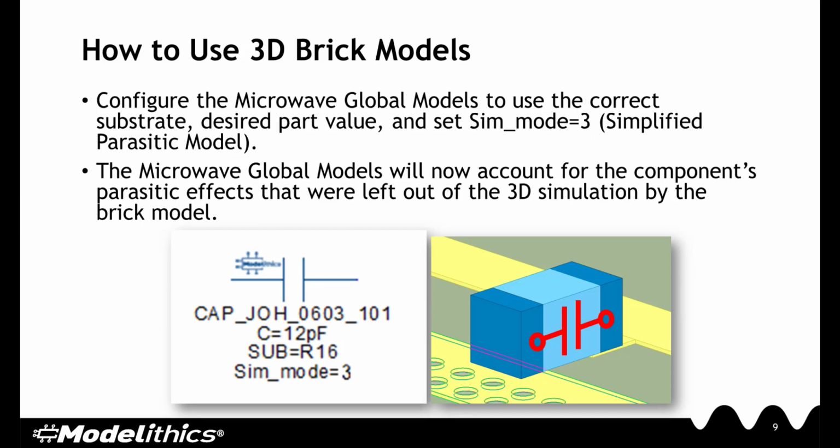Now the microwave global models must be configured to use the correct substrate, desired part value, and then sim mode, in this case sim mode equals 3, the simplified parasitic model. Once the setup of the microwave global models is complete, they will now account for all of the components' parasitic effects that were left out of the 3D simulation by the brick model.